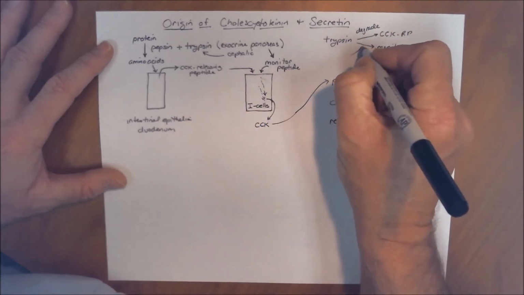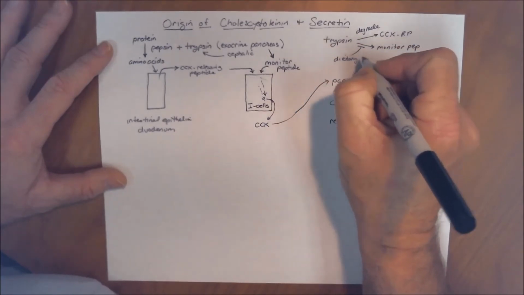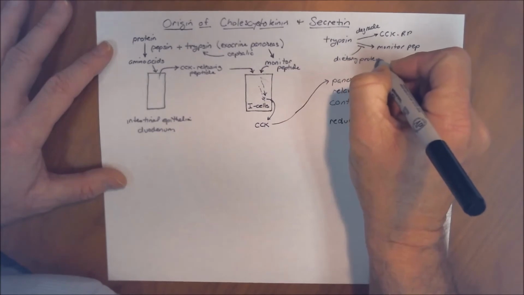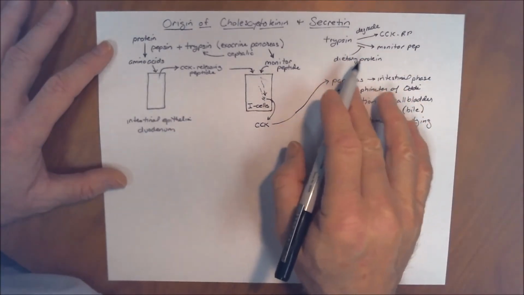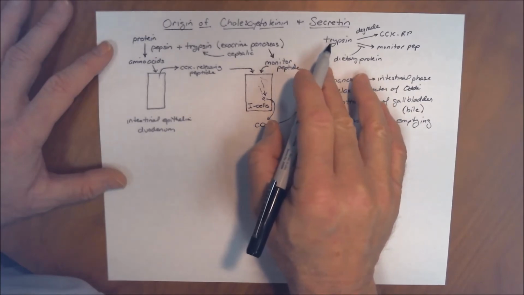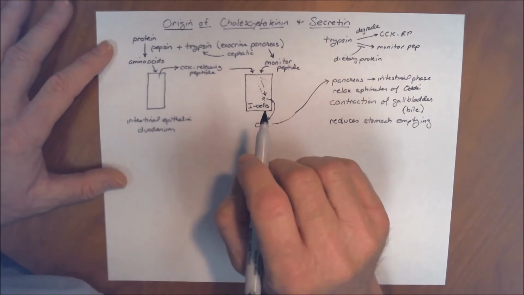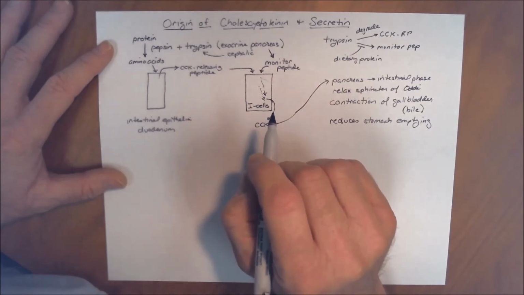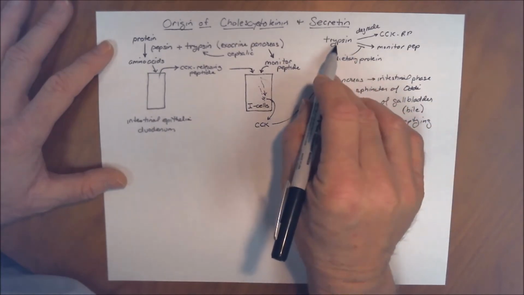Well, remember that we have lots of dietary protein. The dietary protein is a substrate for trypsin. CCK-RP and monitor peptide are also substrates for trypsin. When we have a lot of dietary protein, that will consume the trypsin's activity.